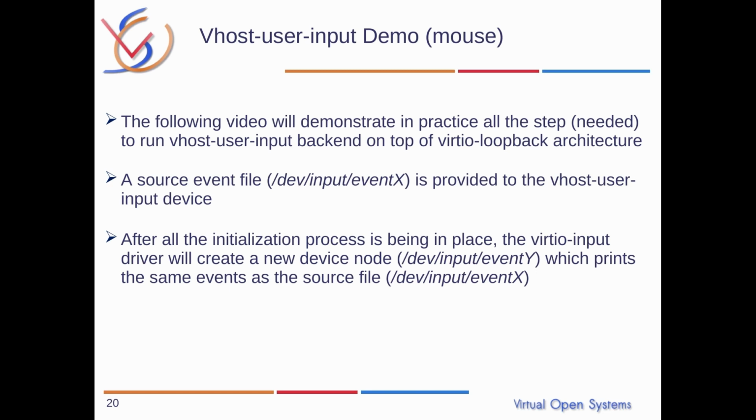After all the initialization process is in place, we expect Virtio-input to create another device node, let's say event Y, which prints the very same data as the event X that we sourced initially to the Virtio-user-input device. Then we are going to verify if both of these files print the same logs.